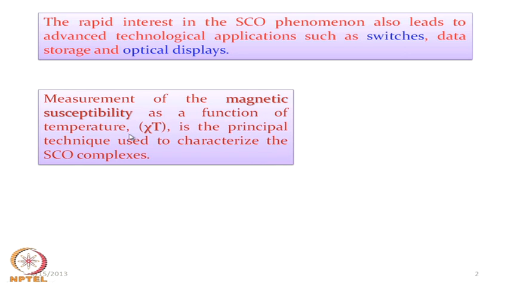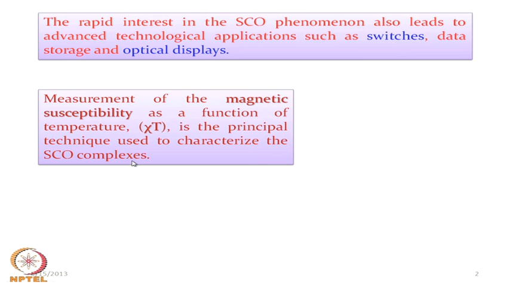These magnetic susceptibility values can be measured very nicely, and we will study this in detail when we study the magnetic properties of all the transition metal complexes or coordination compounds. But right now we can see that this magnetic moment, where we determine the product of the susceptibility and the temperature, is utilized as the principal technique to characterize the SCO complexes.